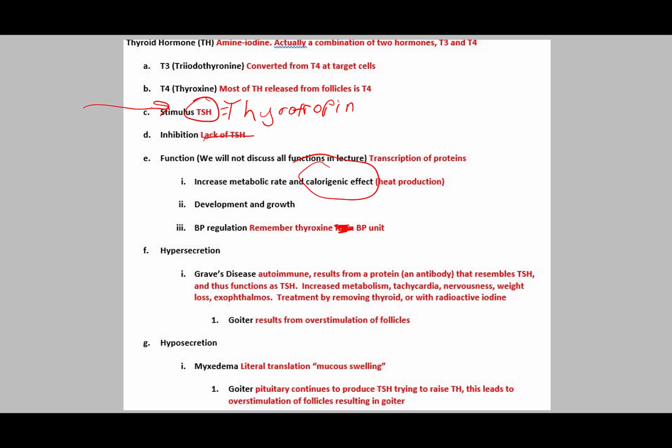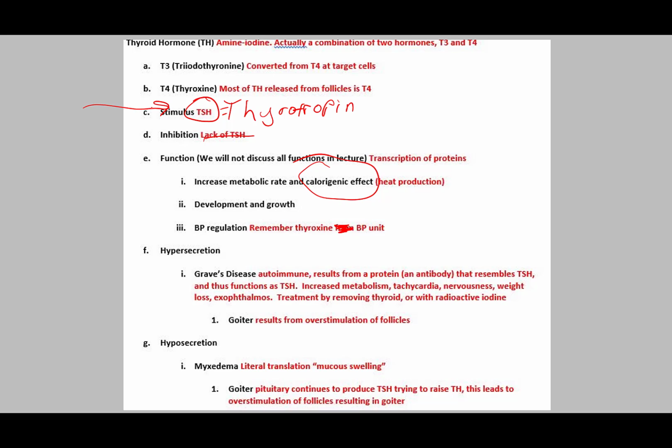So in Graves' disease, the autoimmune disease, we have a protein, an antibody, that is misshapen. And it is misshapen so that it resembles TSH. So it does the same thing that TSH does. What does TSH do? It stimulates the thyroid gland to release thyroid hormone.